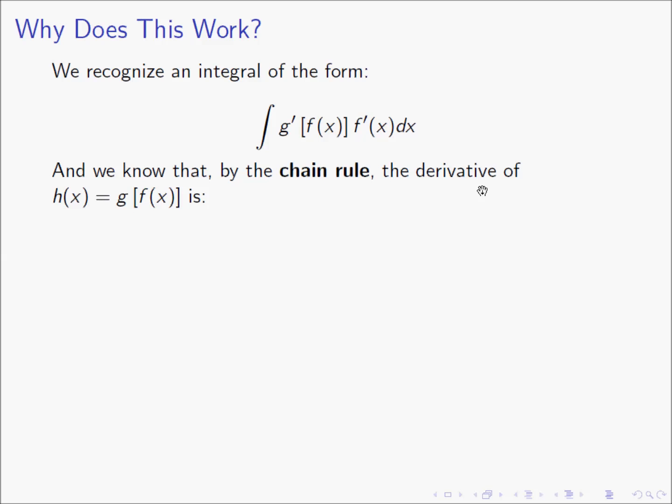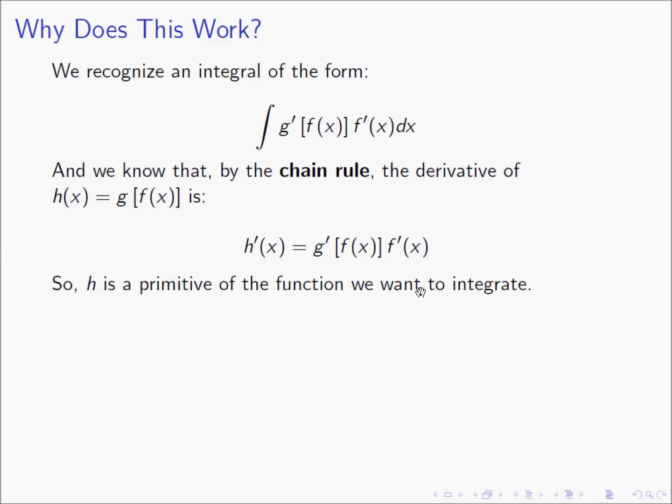The chain rule says that when you have a composite function h of x that equals g of f of x, its derivative equals g prime of f of x times f prime of x. So this function really equals h prime of x. This means that h is a primitive of this function, because its derivative equals the function.